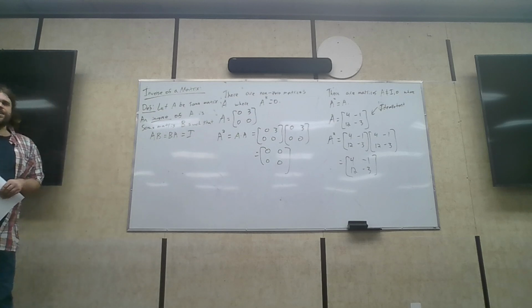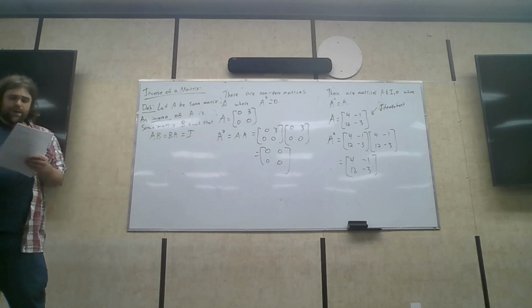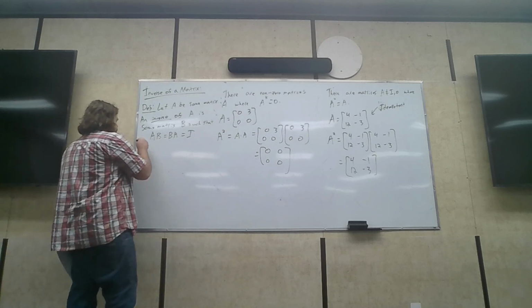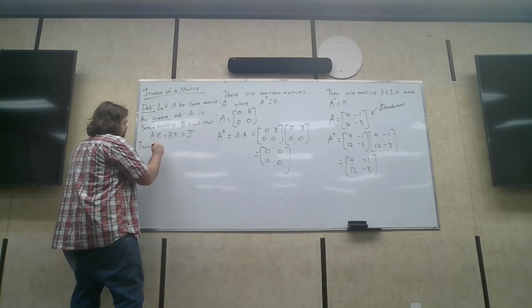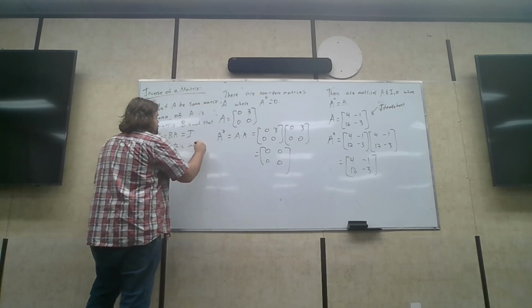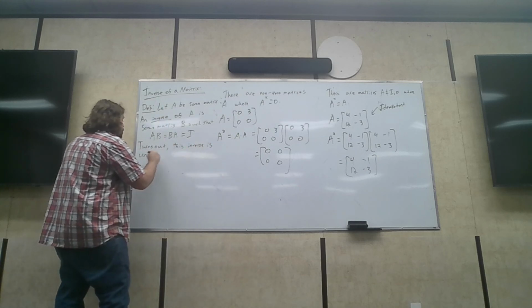Which all equal the identity. So when you multiply them together, you get essentially the 1 for matrices. So it turns out this inverse is unique. So there's only one.